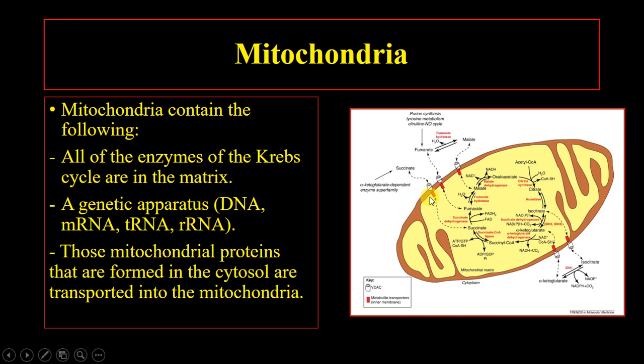The matrix contains a highly concentrated mixture of hundreds of enzymes, special mitochondrial ribosomes, tRNA, and several copies of the mitochondrial DNA genome. Of the enzymes, the major functions include oxidation of pyruvate and fatty acids and the citric acid cycle. The DNA molecules are packed into nucleoids by proteins. Mitochondria have their own genetic material and the machinery to manufacture their own RNAs and proteins.